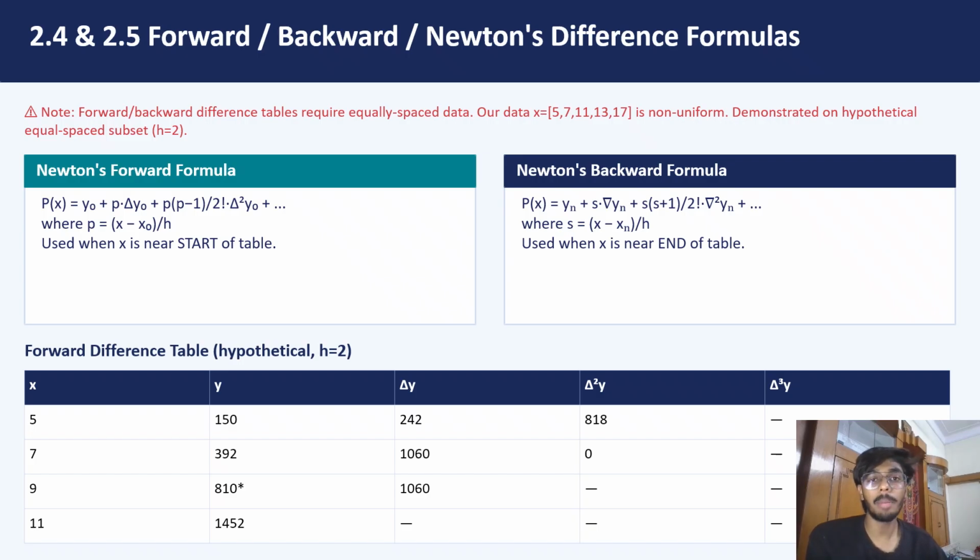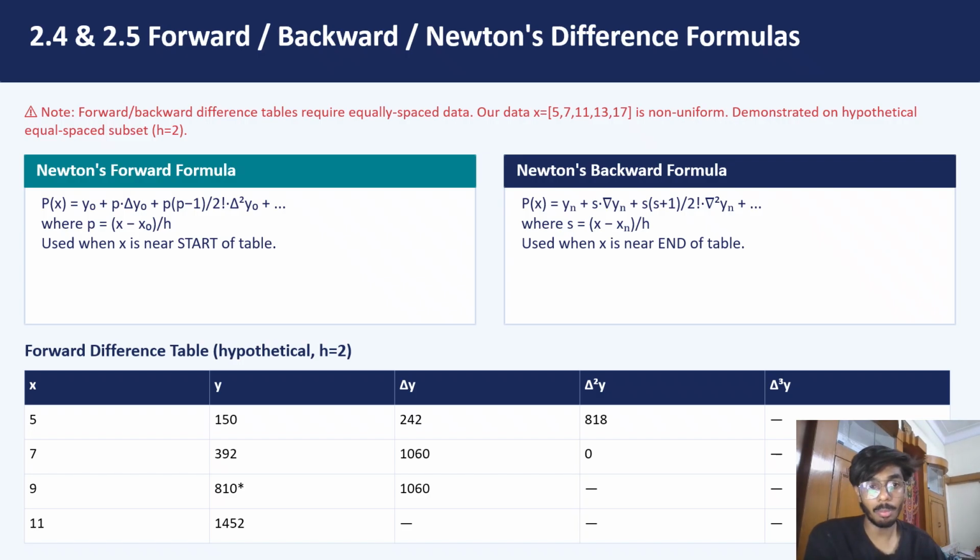Next, we have forward and backward Newton difference. Previously we calculated the difference table. Now using that difference table, we will calculate the interpolation using either Newton forward or Newton backward.